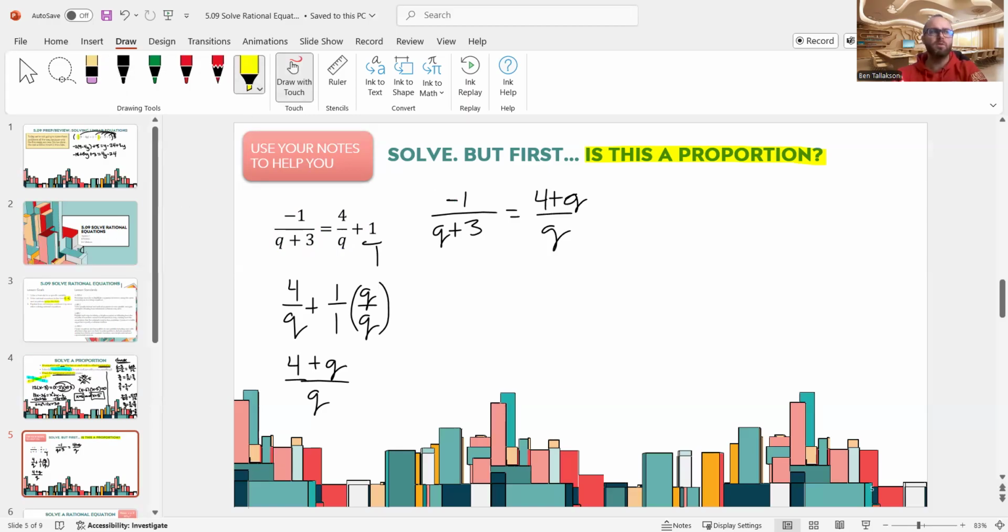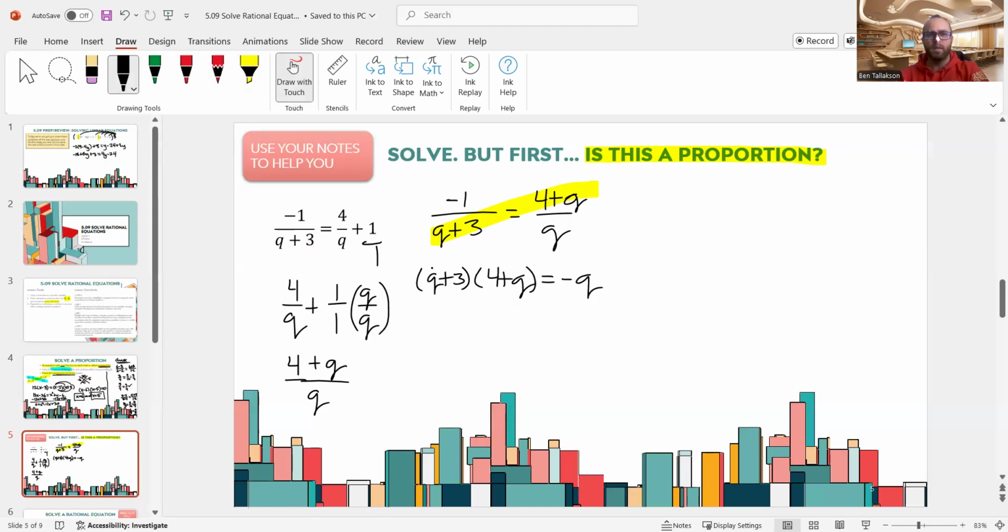What do we do with proportions? Cross multiply, right? So there we go. Q plus 3 times 4 plus q equals negative q. Okay, negative q, of course, comes from multiplying across this way.